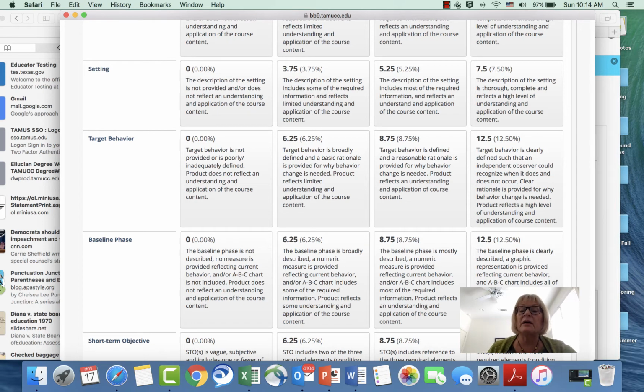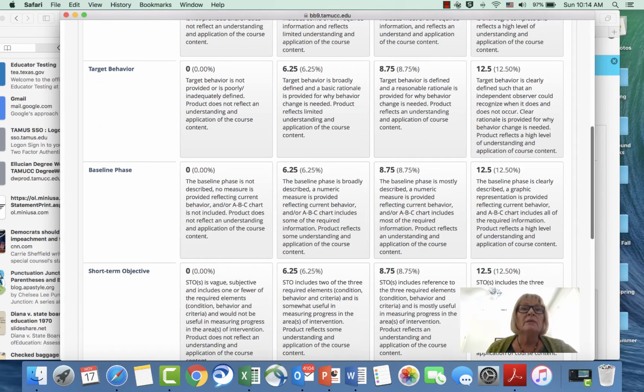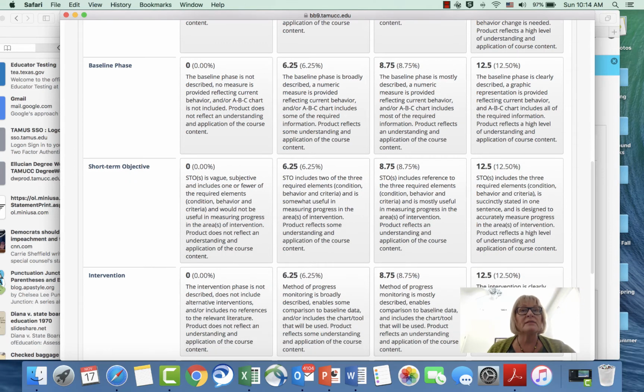It provides a rationale for why behavior change is needed, and it clearly indicates that you've understood the information provided in the course. Baseline phase, I talked about pretty extensively. Again, what you're wanting to do is be able to very objectively describe when and under what circumstances that behavior occurs, and making sure that your ABC chart includes all of the required information.